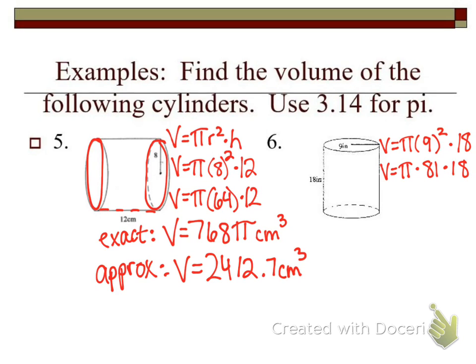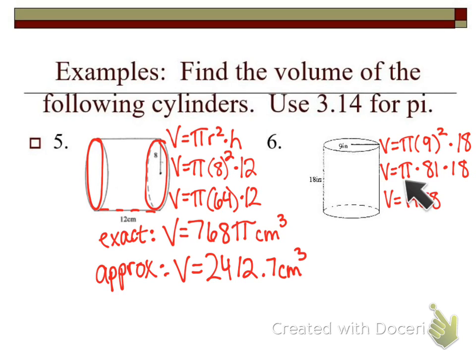So if you want the approximate and you just want to punch this in your calculator, pi times 81 times 18, what do we get for our volume? You get 1,458 pi.